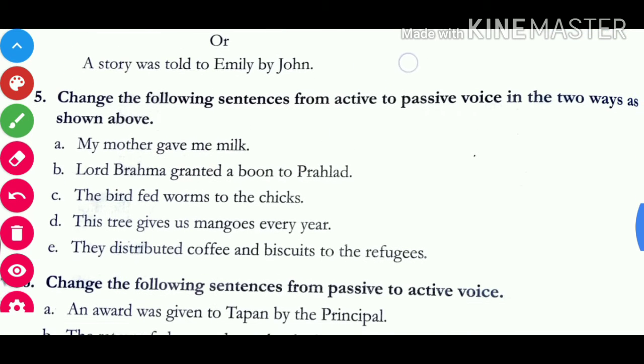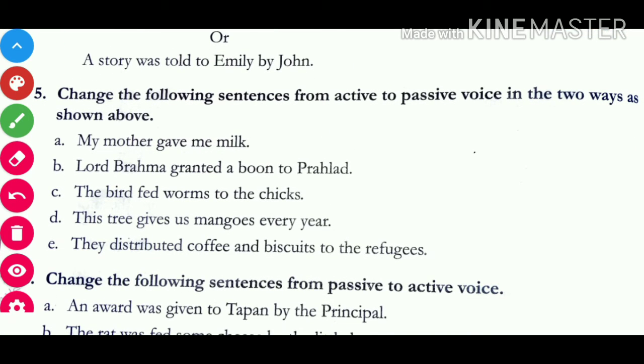In fifth exercise, this is the same thing which you have to do. Change the following sentences from active to passive voice in the two ways as shown above. Okay, so let us take the first one. My mother gave me milk. So, what can be the sentences?